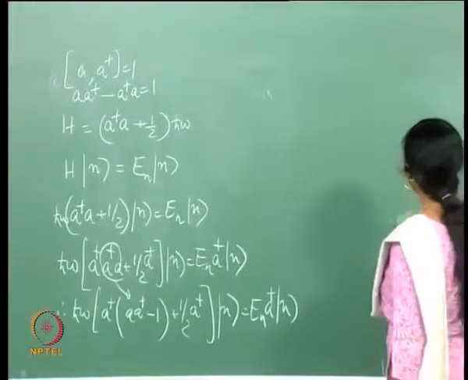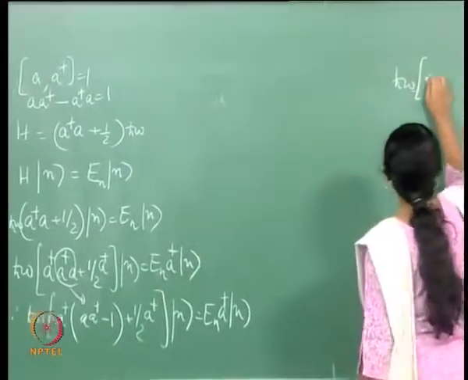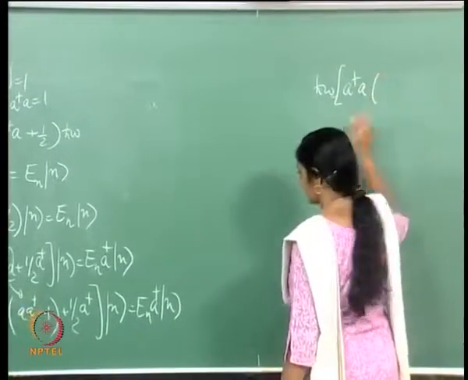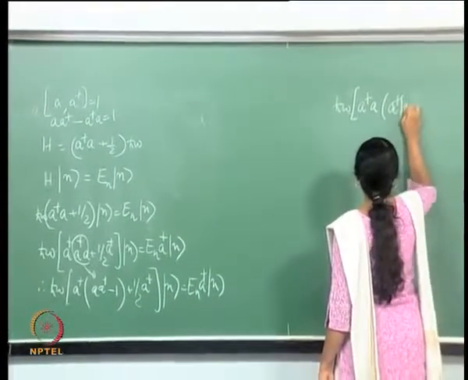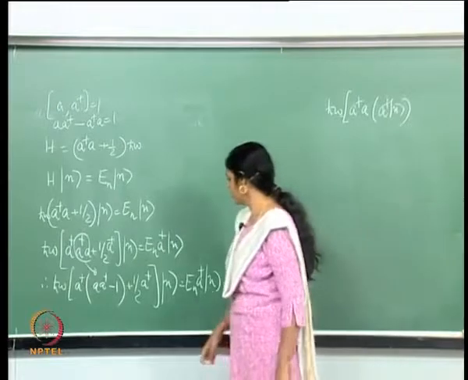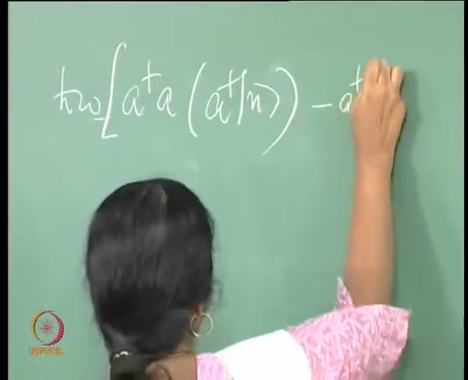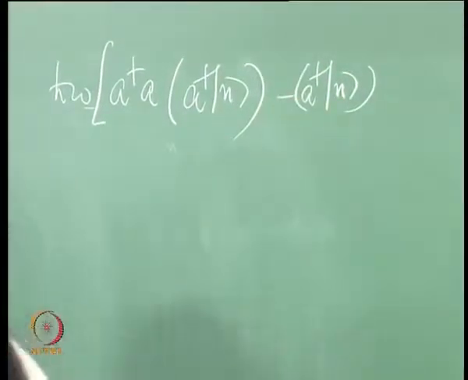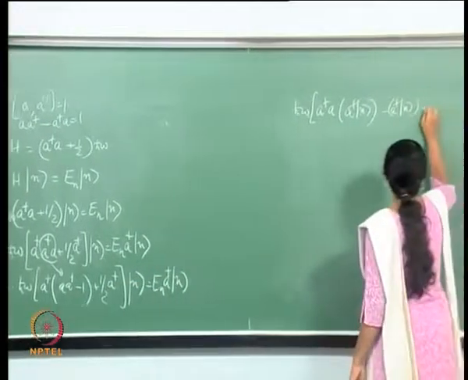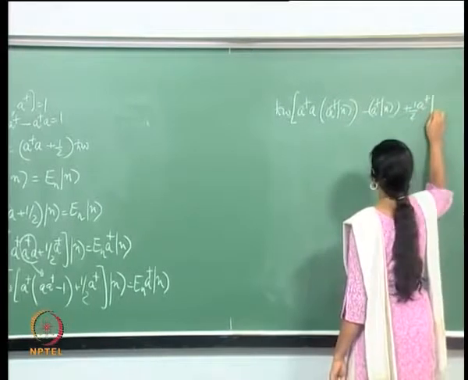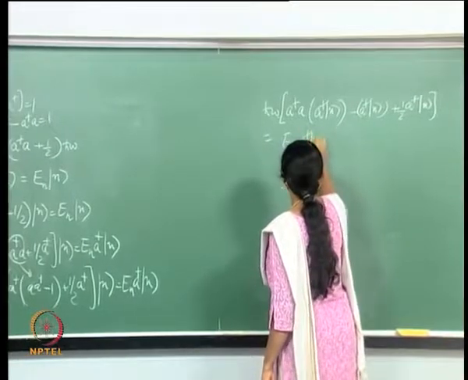I can do better. I would now say that h cross omega a dagger a from the first term, and I have a dagger ket n, that is the first term, minus a dagger ket n plus half a dagger ket n, that quantity is E n a dagger ket n.